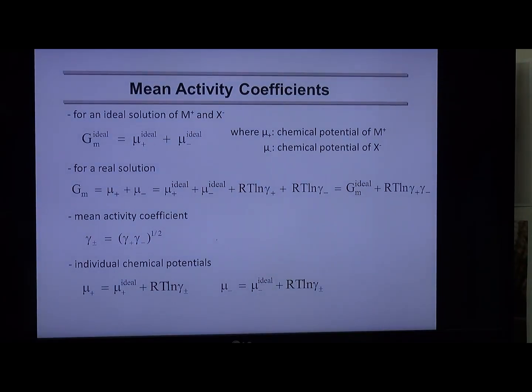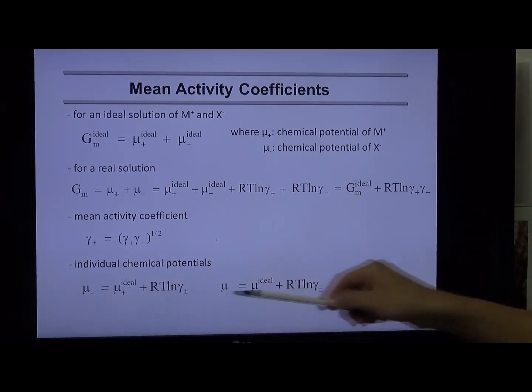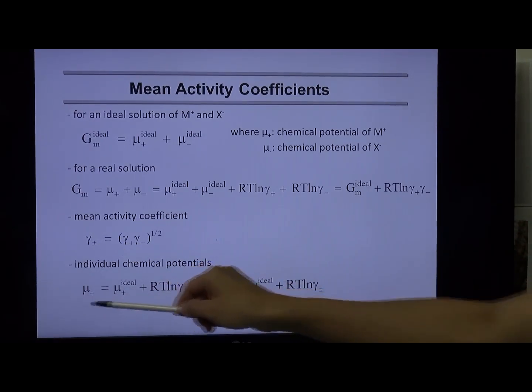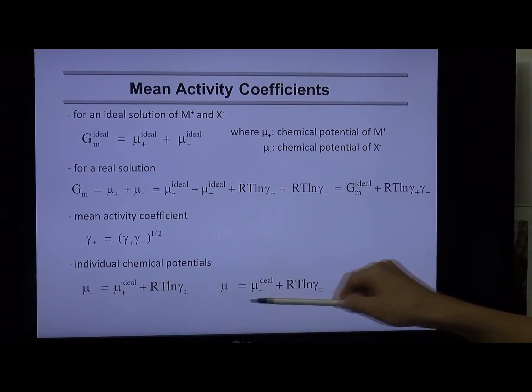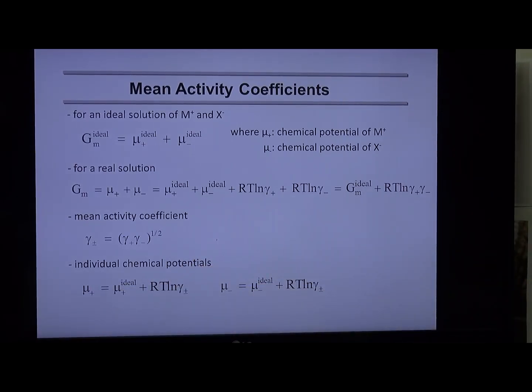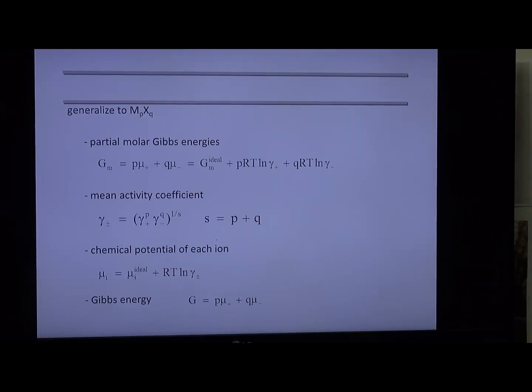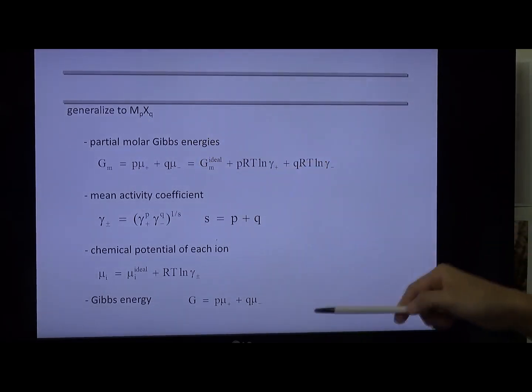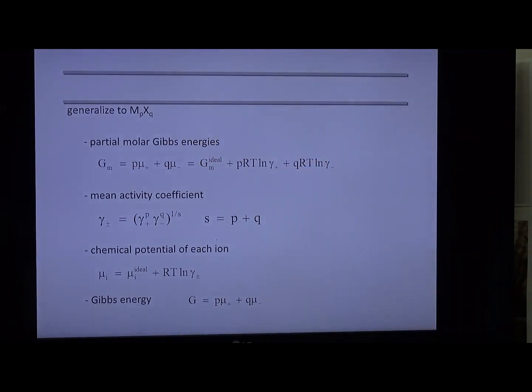It's actually impossible to separate the influence of each ion, cation and anion, but by using this new variable, we can separate the chemical potential of the cation and the chemical potential of the anion. Similarly, for a general ionic compound, M p X q, we can use similar approaches and similarly separate the effect of cation and anion.